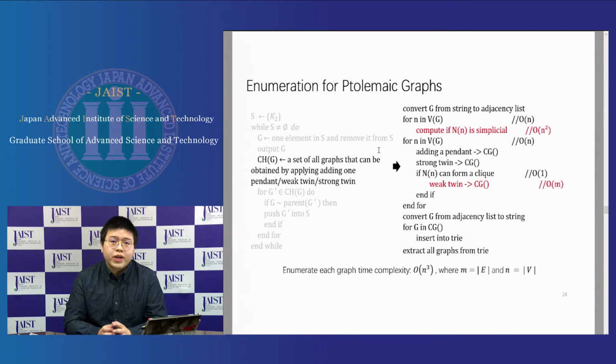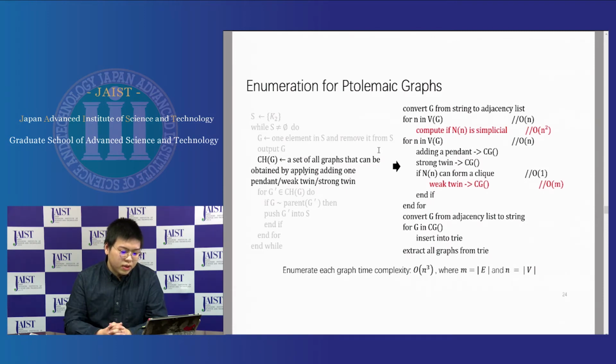Then when we create the weak twins, we first check if the vertex is simplicial. If it is, then we create weak twins. In this algorithm, the 2 steps marked in red are the bottlenecks. Both steps cost big O n to the power of 3 time.